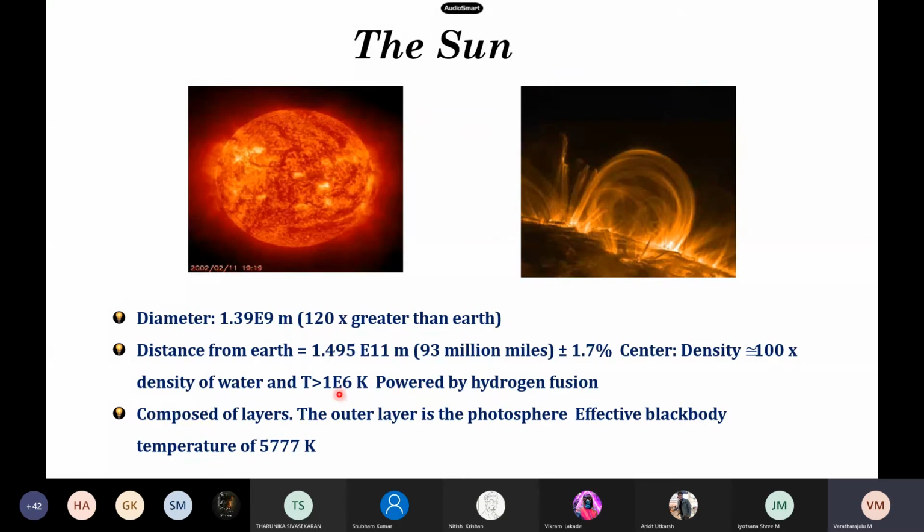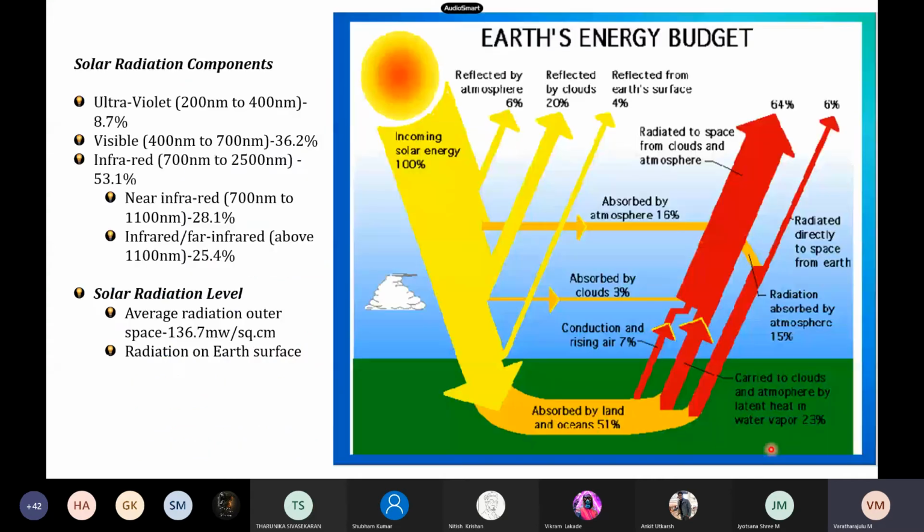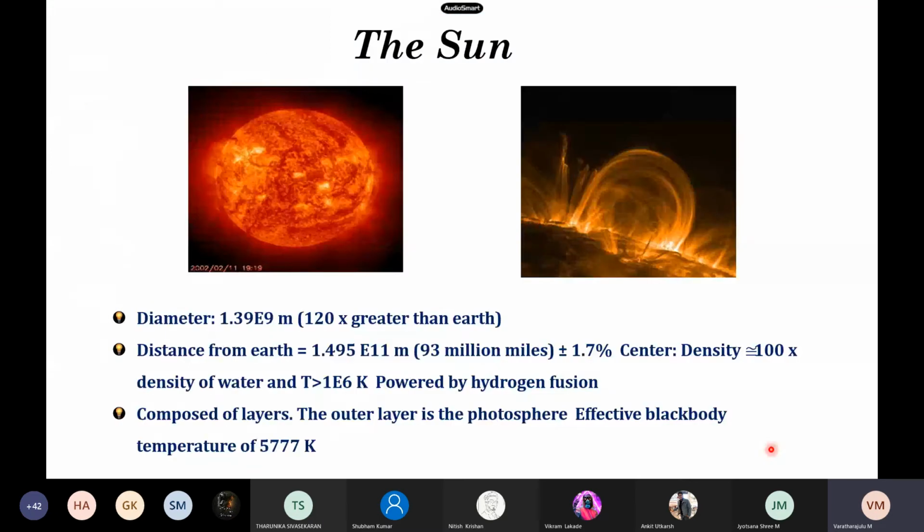Various layers are composed in the sun. The outer layer is the photosphere, with an effective black body temperature of around 6000 Kelvin. Around 3.7 into 10 power 20 megawatt of energy is dissipated, and the earth only intercepts 1.7 into 10 power 11 megawatt.